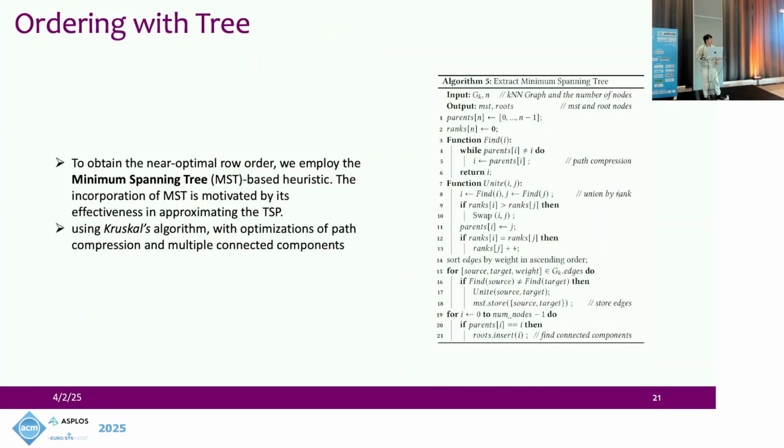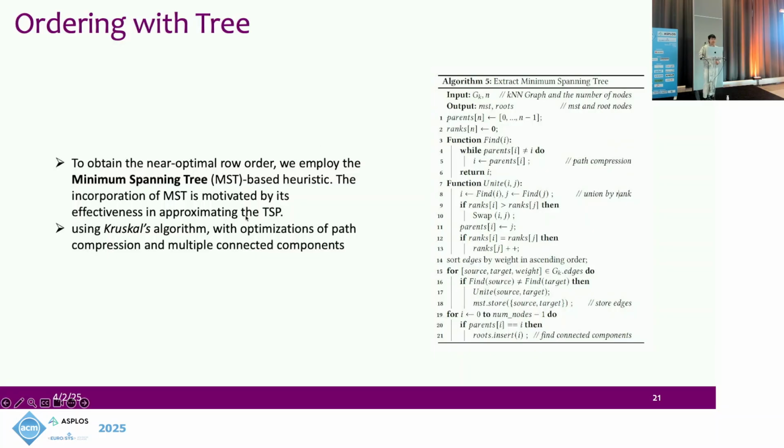After that, we use the graph to obtain the near optimal row reordering. We further employ the minimal spanning tree based heuristic. The incorporation of MST is motivated by its effectiveness in approximating the TSP problem.